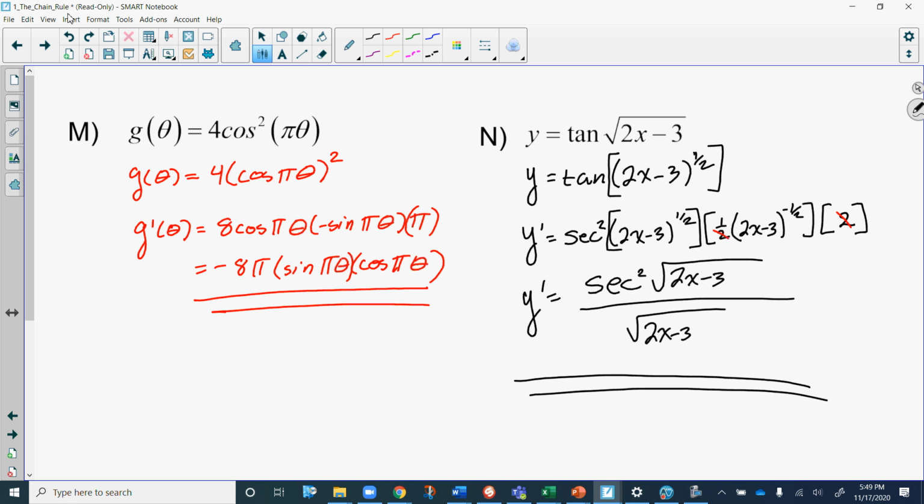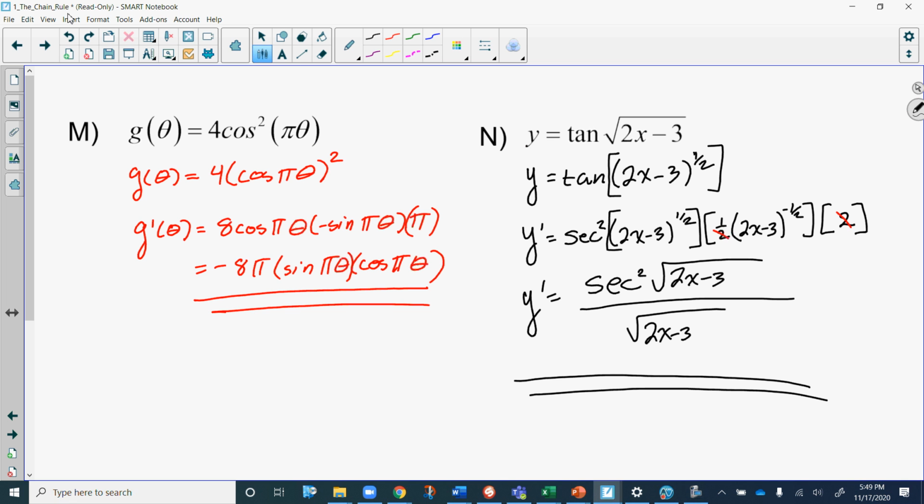The last one, I'm going to begin by writing it in exponential form. So the tangent of square root of 2x minus 3 is just going to be tangent of 2x minus 3 raised to the 1/2 power. So the derivative of the whole thing would just be secant squared of that expression. And then we look at the derivative of the initial inside part, which is the square root, the 2x minus 3 to the 1/2 power.